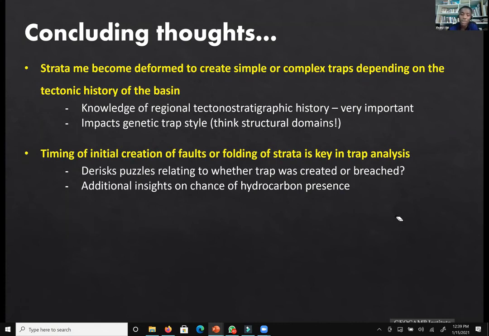By that I mean, if this is a basin that was charged at a particular time, and I know when the trap was formed or breached, it helps me figure out, by this time, do I even have hydrocarbon? Do I still have a working system or not? So timing is very key in this whole analysis.